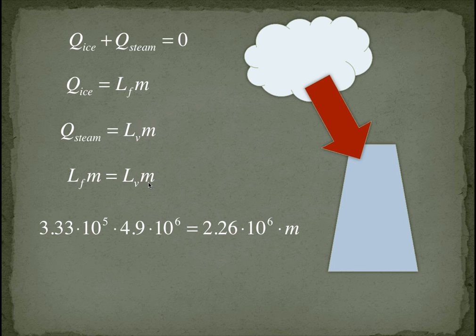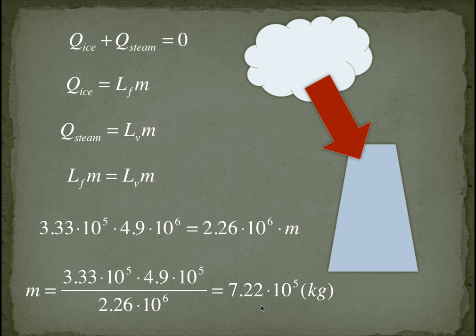And then mass is the mass of steam that we need to melt this huge chunk of ice. And so if I just rearrange these and take this, that would become my numerator, and then this will become my denominator, and I divide one by the other, and I end up with 7.22 times 10 to the 5th kilograms.